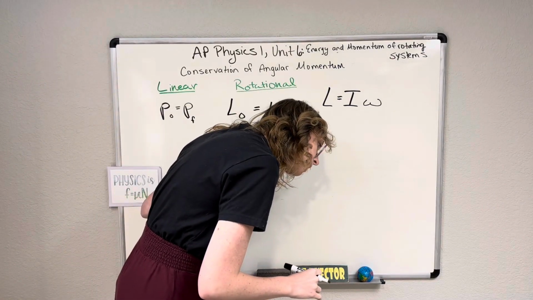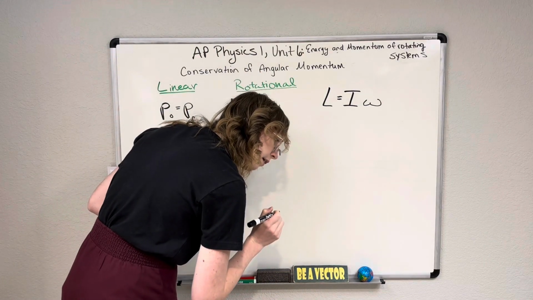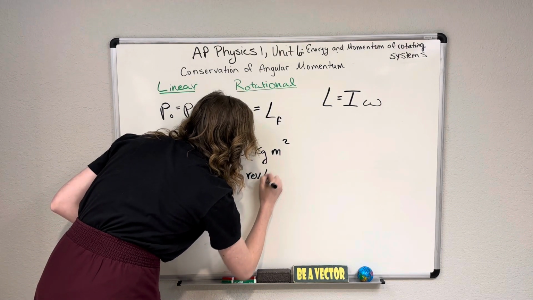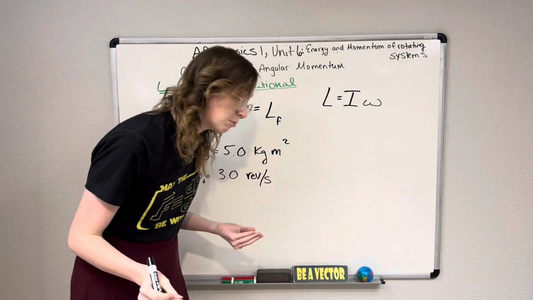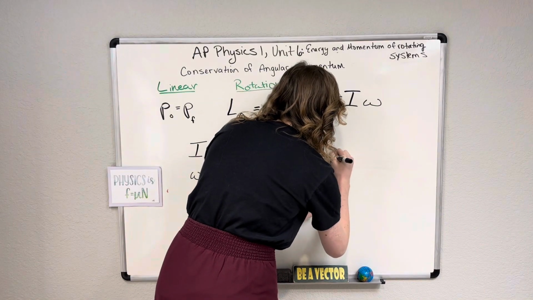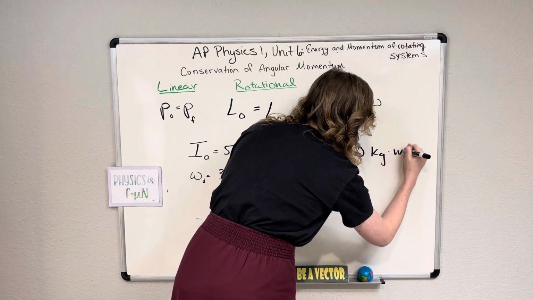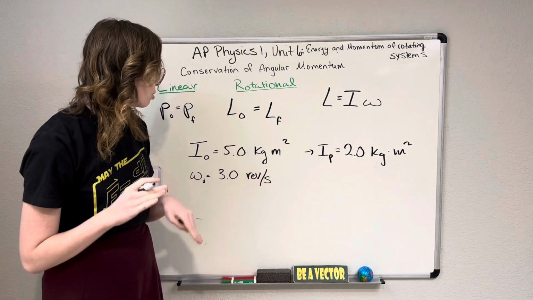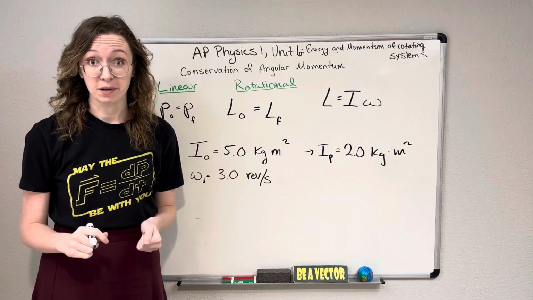And she is spinning at 3 revolutions per second. Then she brings her arms in and drops her moment of inertia to her final moment of inertia, which is 2.0 kilogram meters squared. And now we're trying to figure out how fast she will be spinning at the end after she brings her arms in and drops her moment of inertia.